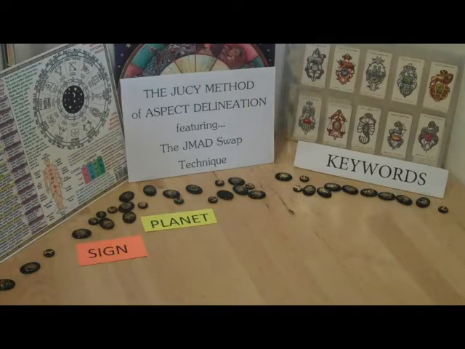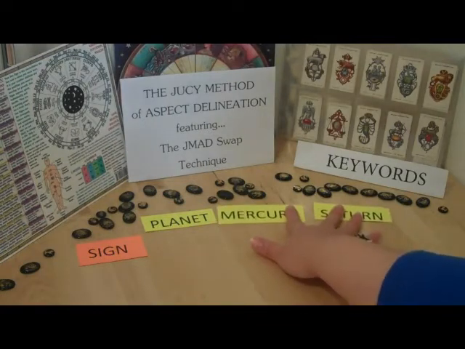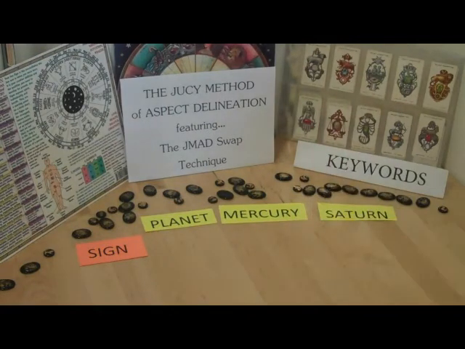Let's try one more planet-to-planet connection in aspect this time. Let's choose Mercury-Saturn. With the JMAD swap technique, we are selecting our domicile and co-ruler signs.